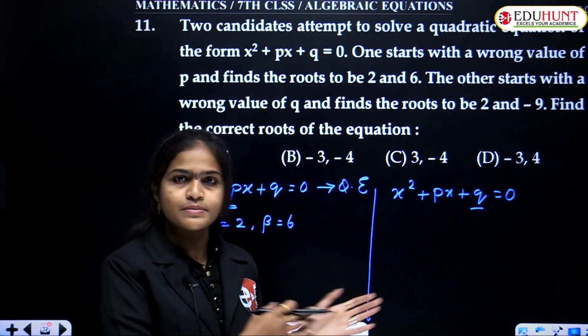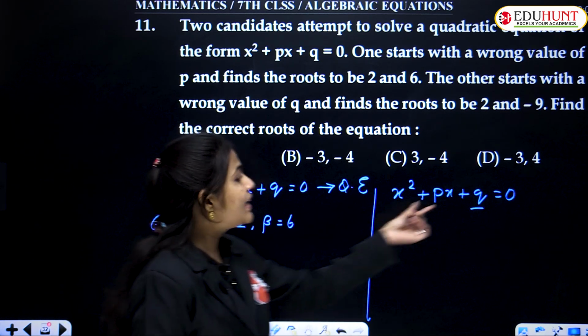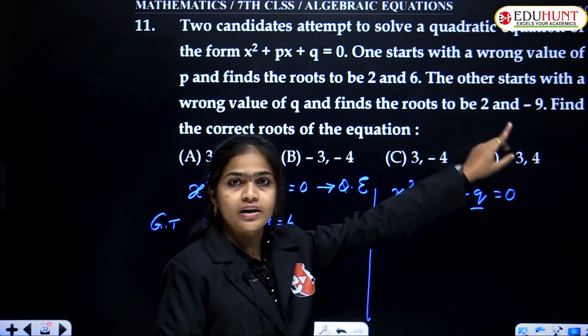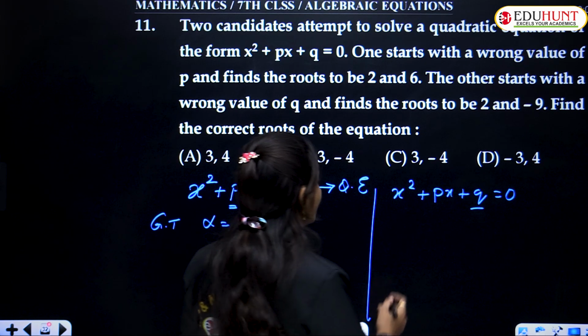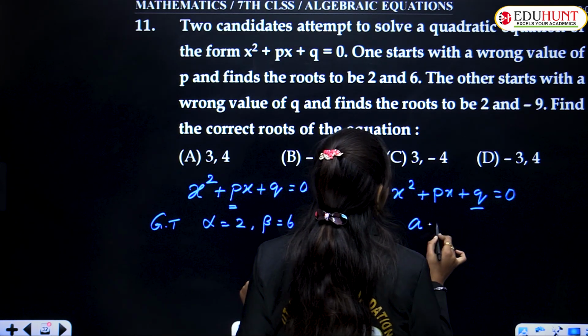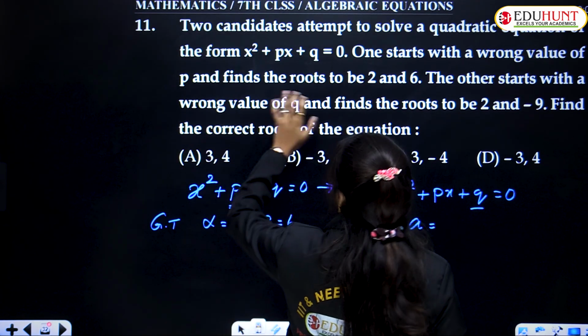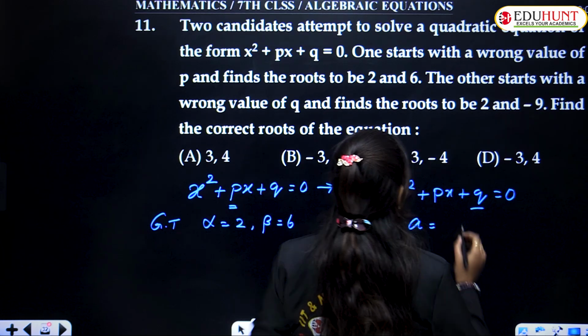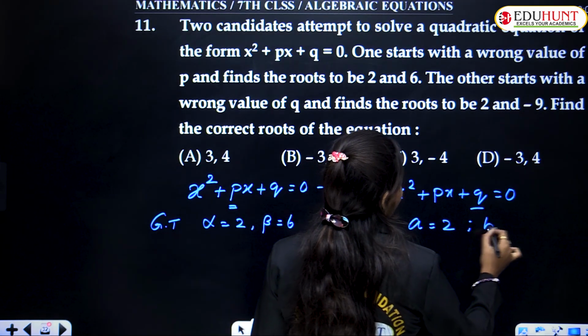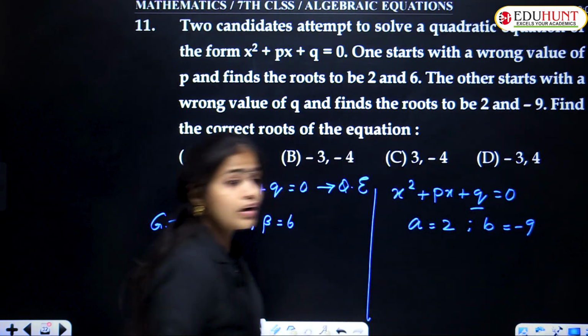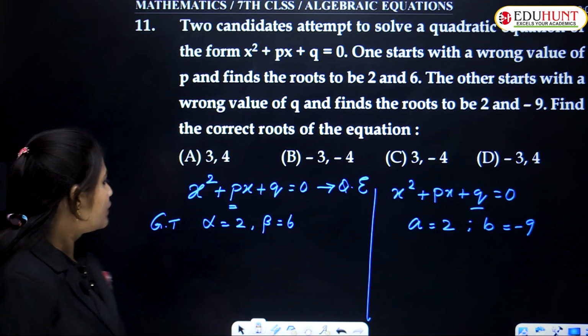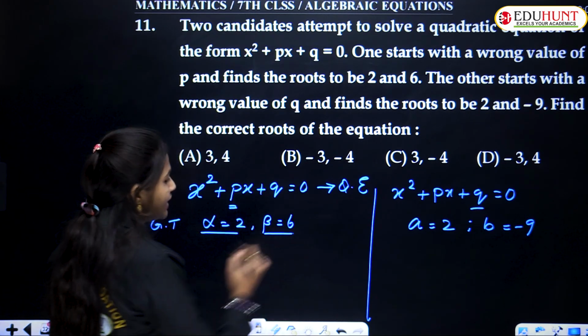Understand? So in this manner they did that. And by taking the q value, he also got two roots. What are those two roots here? So I am going to take one of the roots as a, so those two roots are 2 and minus 9. b is equal to minus 9. He got those two roots. Understand? Now, so here roots are there.